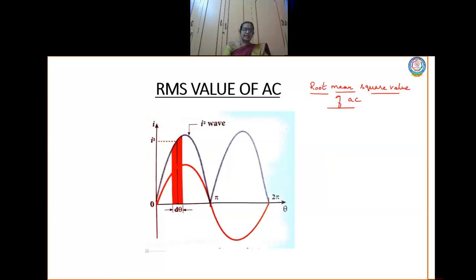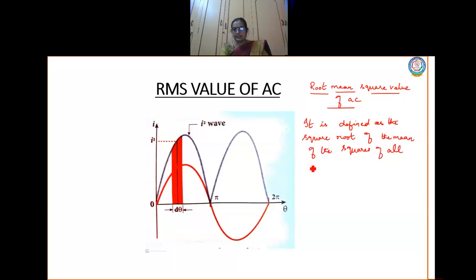The RMS value of AC is defined as the square root of the mean of the squares of all currents in a cycle.